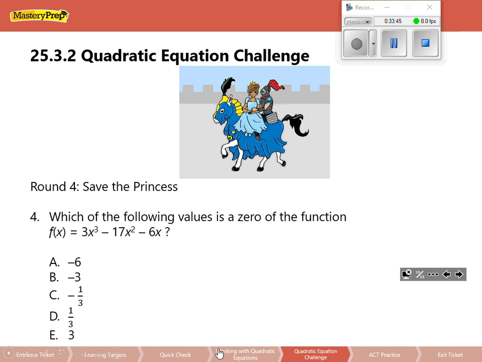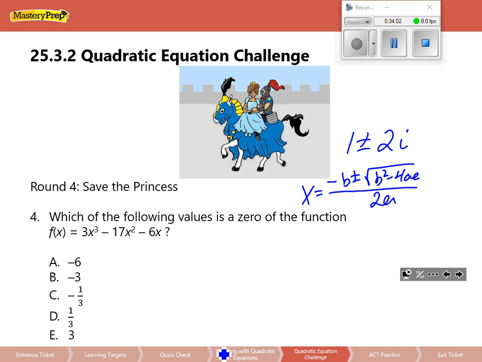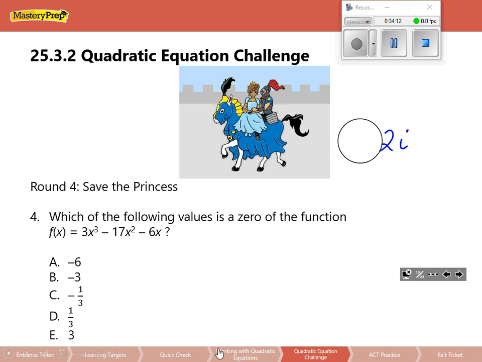Now, if we do have answers that deal with 1 plus or minus 2i or any of these here, the quadratic equation will work. Most likely they may not give you the plus or minus 2i.